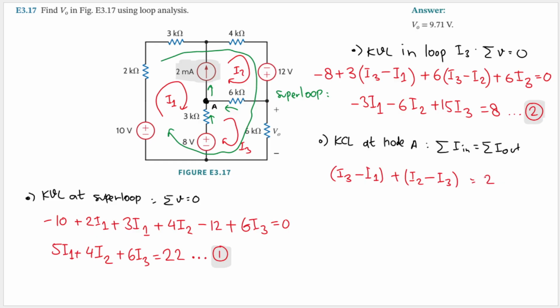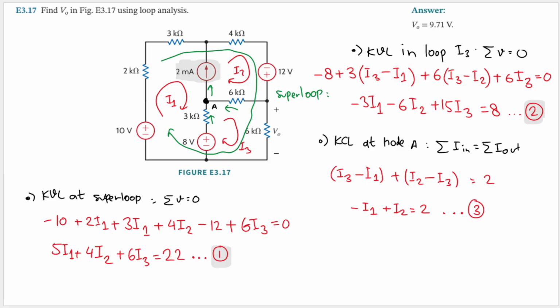The I3 cancels out, so we will have minus I1 plus I2 equals 2. Let's save this as equation number 3.